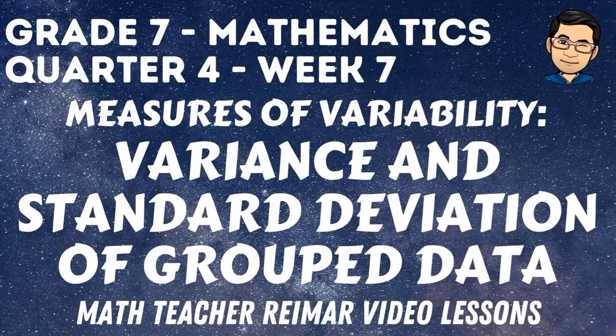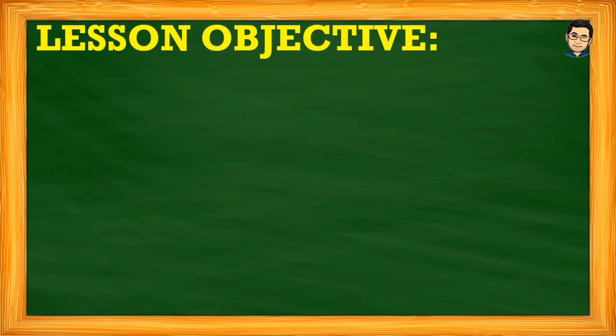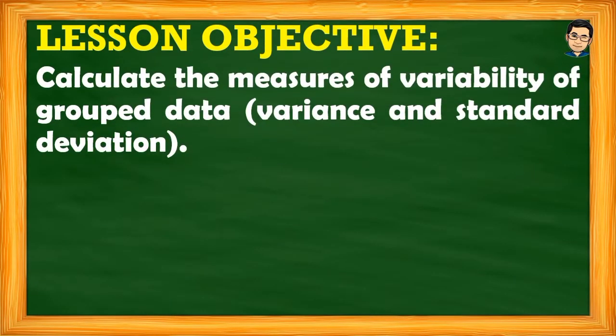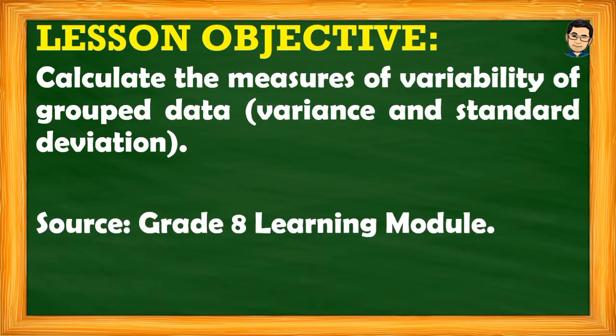So let's start. For the lesson objective, we will calculate the measures of variability of group data, variance, and standard deviation. Yung source na ginamit natin dito for this lesson is yung grade 8 learning module.